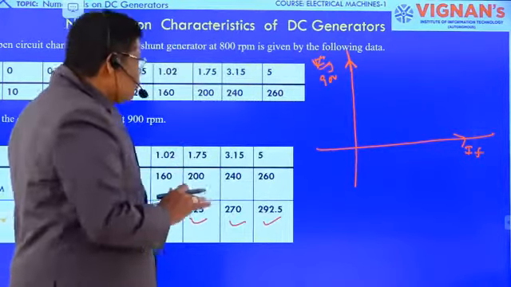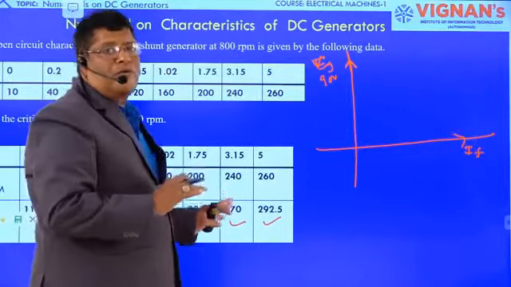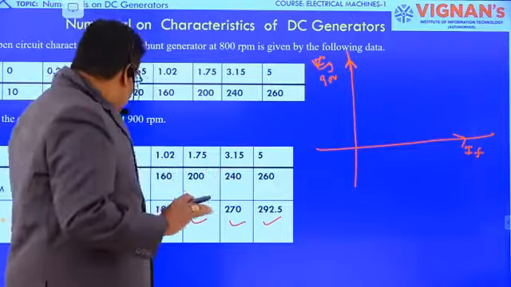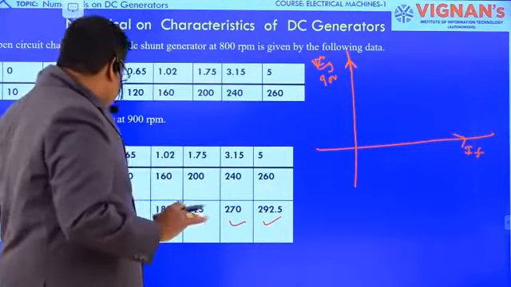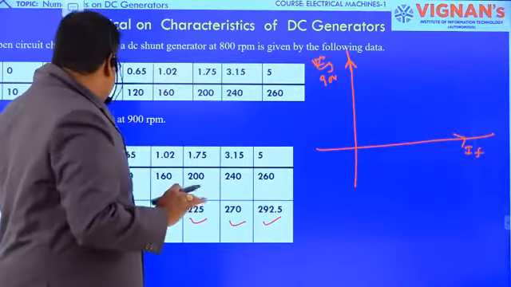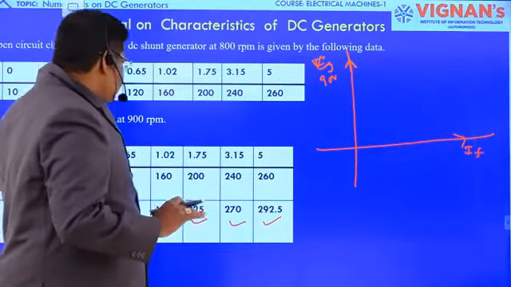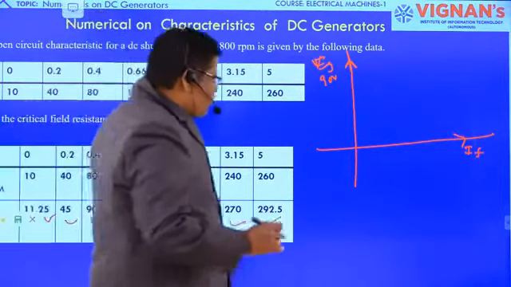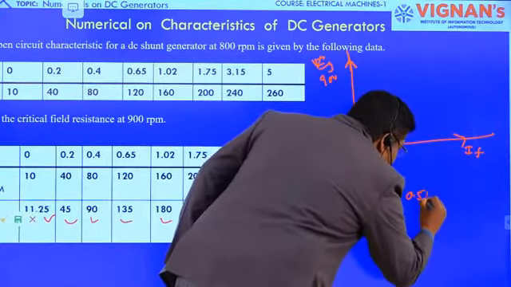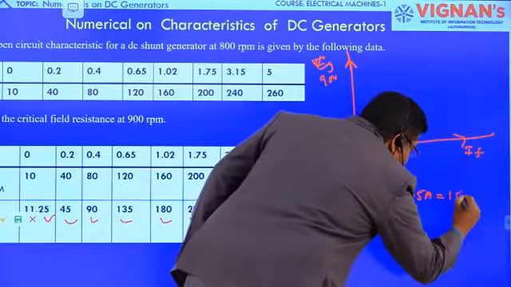Actually, we can solve this problem only on graph sheet. Take the scale for the field current as well as the voltages. Suppose we take the scale for the field current as 0.5 amperes equal to 1 centimeter.